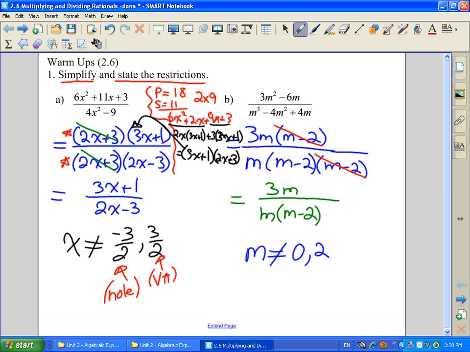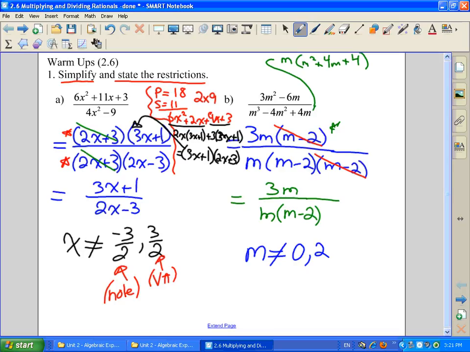Looking at example B, we notice that we can common factor in the numerator, so 3m goes into both terms. And then the denominator, there's a little bit more work you need to do for that. So again, on a side margin, I'm going to common factor out an m, and then I'm left with m squared plus 4m plus 4. Looking inside the bracket in the denominator, I realize that's a perfect square.